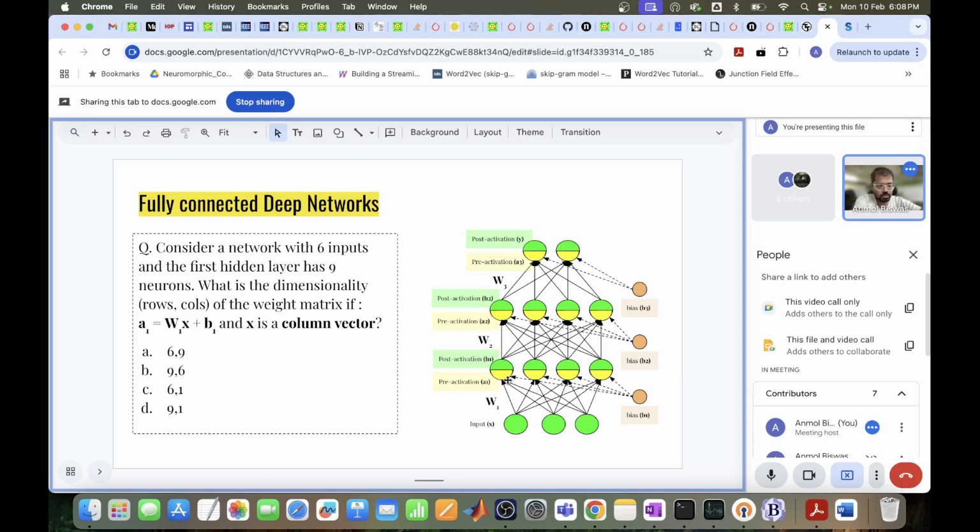And we are considering vectors here that are expressed as column vectors, right? Which means that they have a number of rows and then one single column. The question is simply what is the dimensionality of the weight matrix, given that the input layer has 6 inputs and the first hidden layer has 9 neurons.